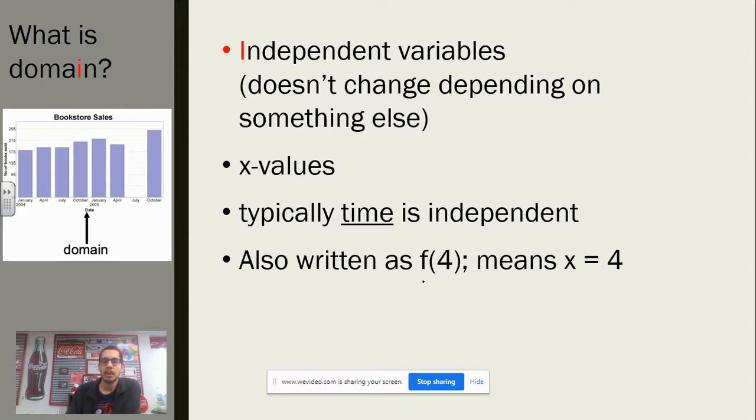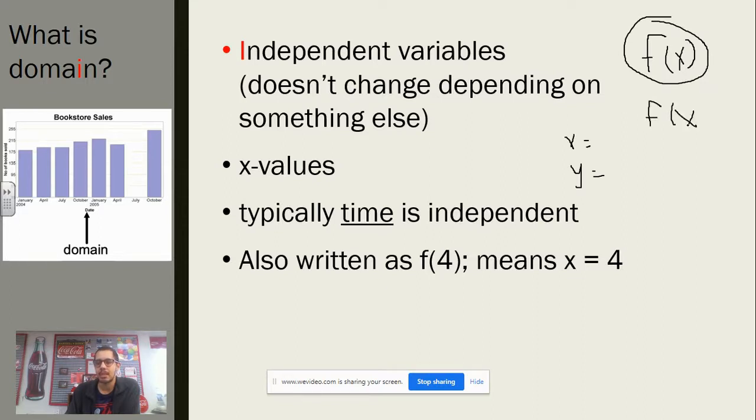So when we're talking about our domain, when we're talking about function notation, we're going to begin to shift away from x equals and y equals. And we're going to begin to see this function notation, f of x. Now, the entire f of x is the same thing as y. So you're going to begin to see f of x is equal to y.